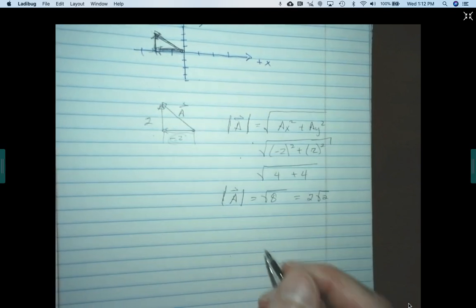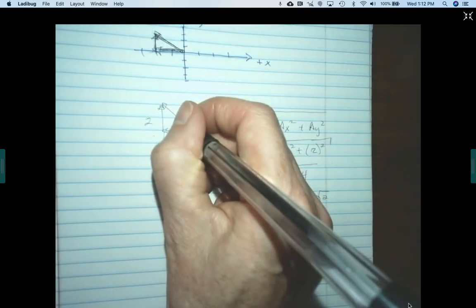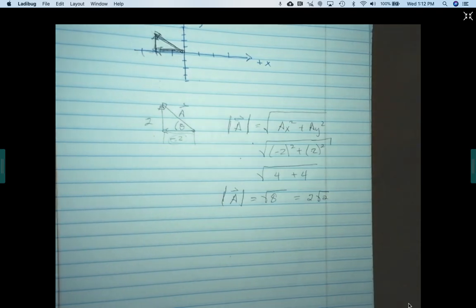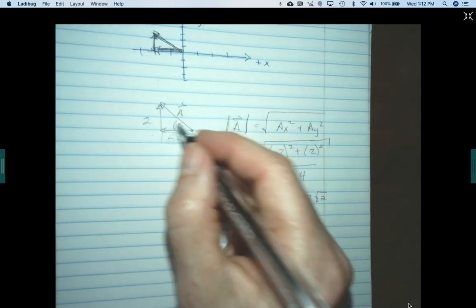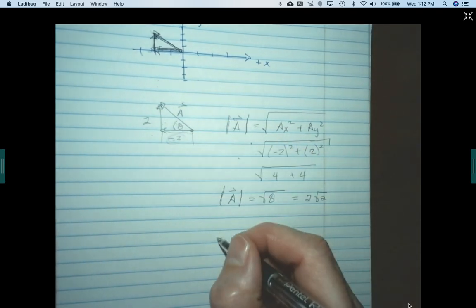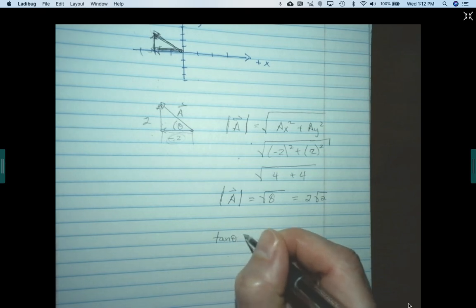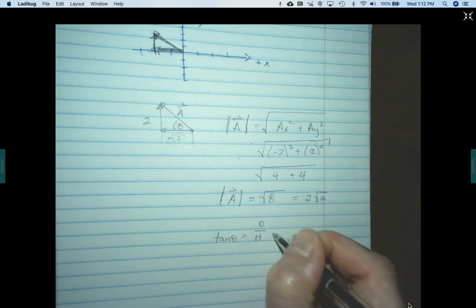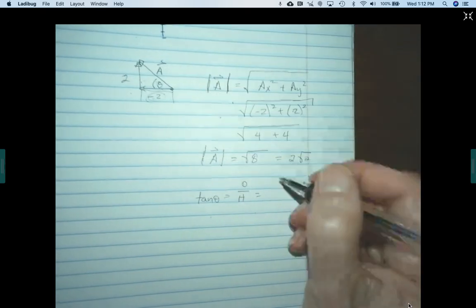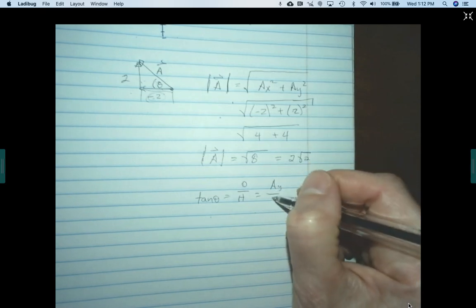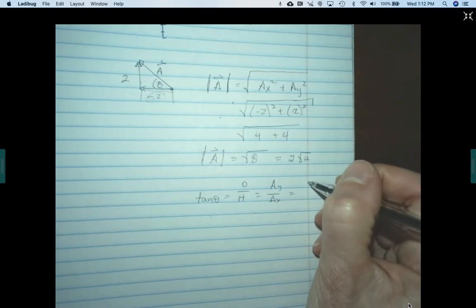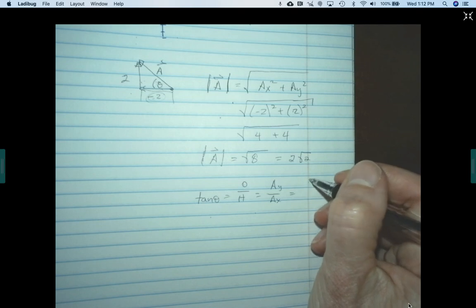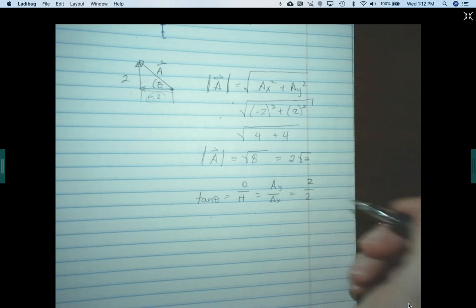All right, and then we want theta. So again, I would draw my theta in here as my triangle, right? And I know the tangent of theta. So tangent theta is my opposite over adjacent, and that's going to be my y component over my x component. So that's going to be 2 over 2.